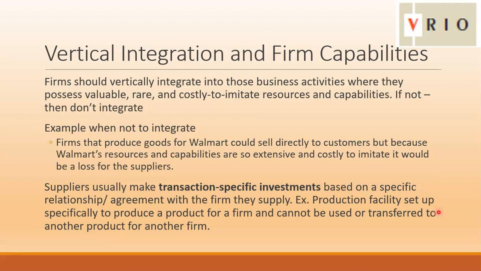And that is what the transaction-specific investment is. And usually that investment cannot be easily transferred. So it means that if at the end of the contract period or something happens, then the supplying firm will be at a disadvantage as it relates to this transaction-specific investment.